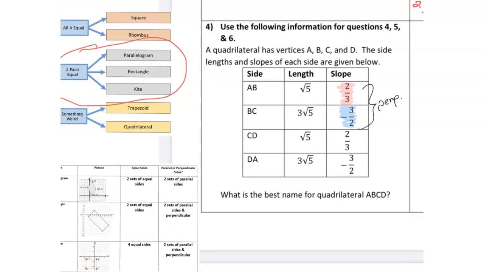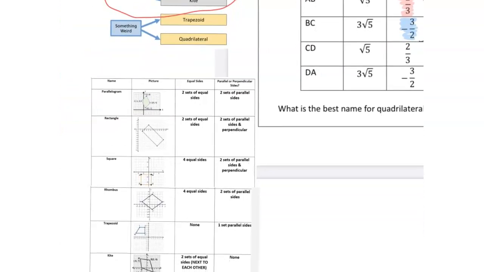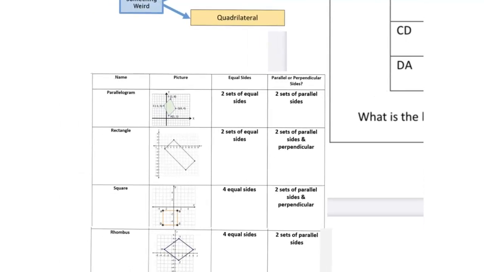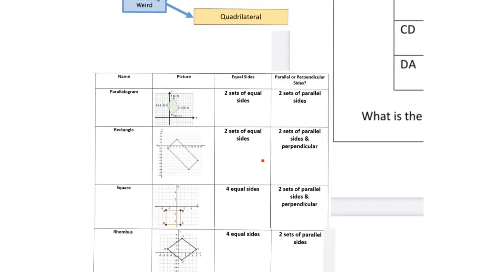And so since they're perpendicular, that should give you enough information to figure out whether this is a parallelogram, a rectangle, or a kite. So for parallelograms, note that you had to have the two sets of equal sides. We did. Note that you have two sets of parallel sides. We did. But they don't mention anything about being perpendicular for a parallelogram. So this one we will not classify as a parallelogram.